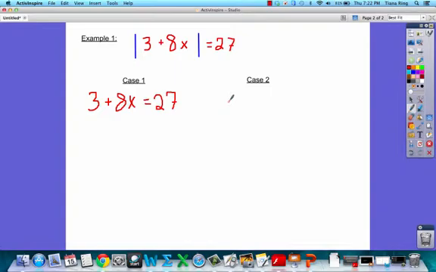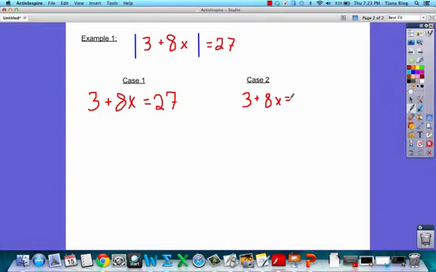And for case 2, we're going to leave the left-hand side the same. The left-hand side doesn't change, but our equation is now going to equal negative 27 instead of positive 27.